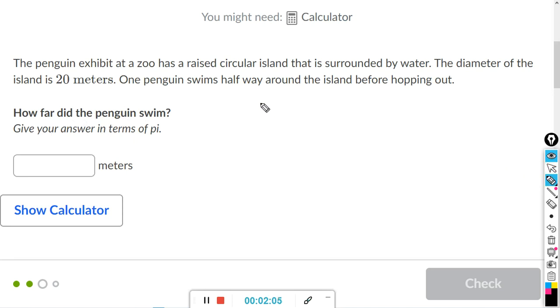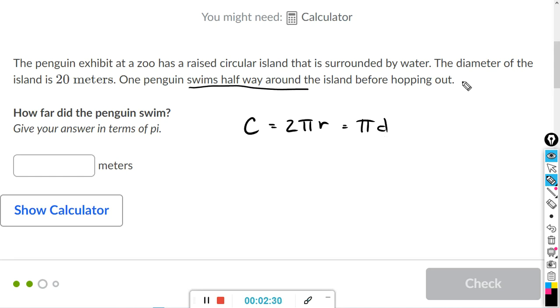All right. So it says the penguin swam halfway around. We know that once around is the circumference. All right. So let's find the circumference and then take half of that. So circumference equals 2 pi r, or pi times d.